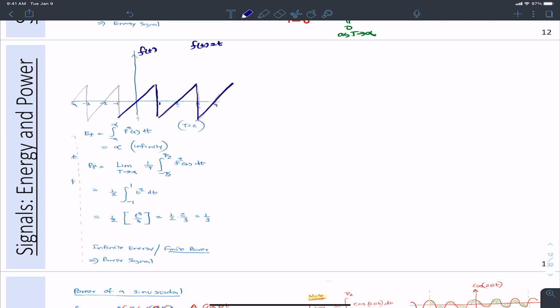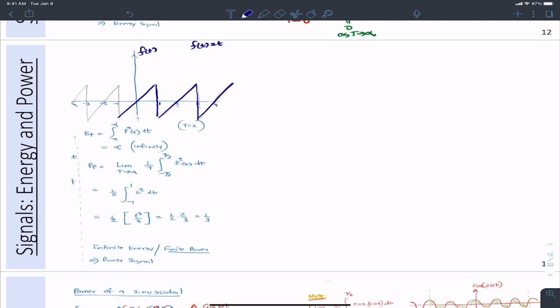From -1 to 1, f(t) squared is t squared, and we don't really need to compute this. We see it is a finite value. The integration between -1 and 1 is a finite value, but the limit is infinity, so the answer is infinity. The energy of the signal is infinity.